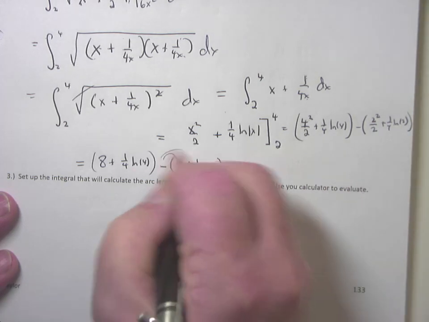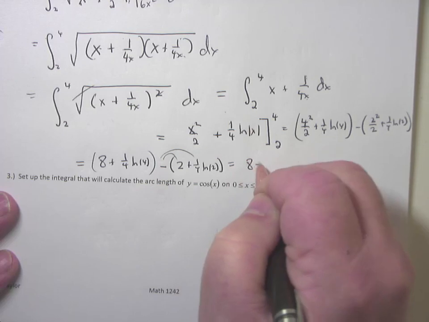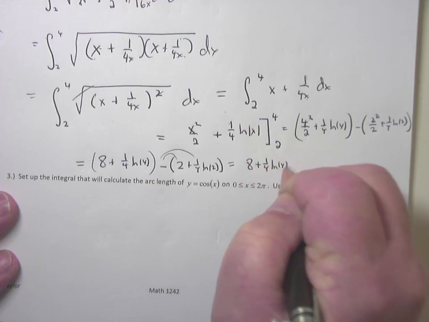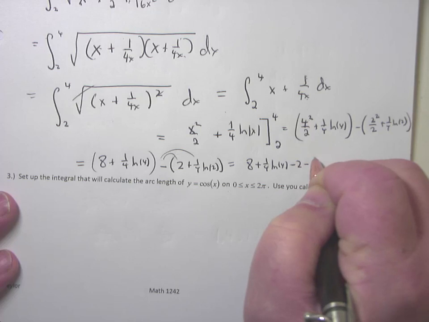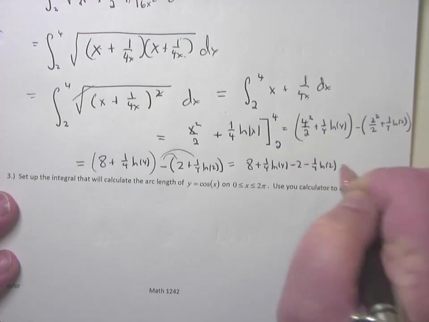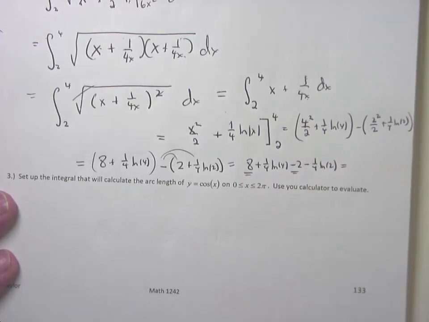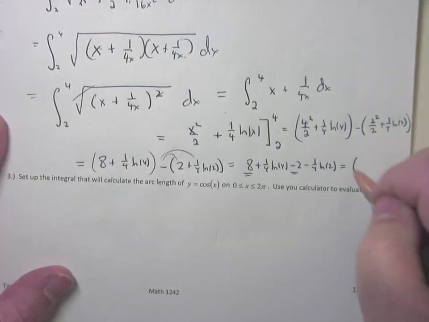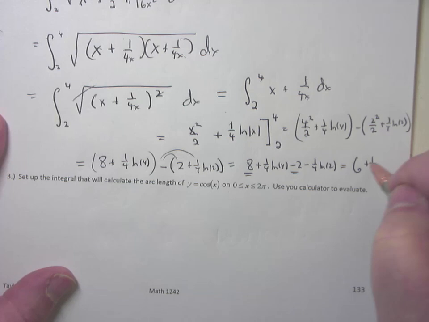That negative is going to distribute, so this is 8 plus 1/4 the natural log of 4, minus 2, minus 1/4 the natural log of 2. And combining like terms, 8 minus 2 is 6, plus 1/4 the natural log of 4 minus 1/4 the natural log of 2.